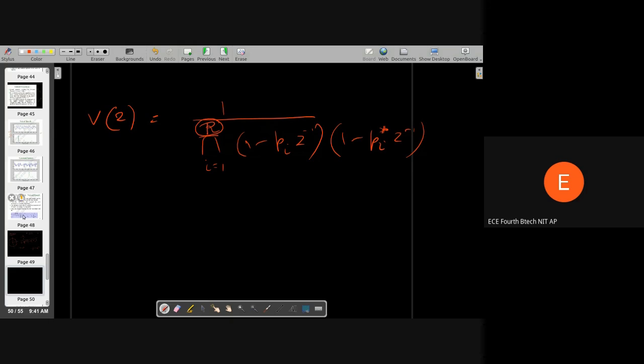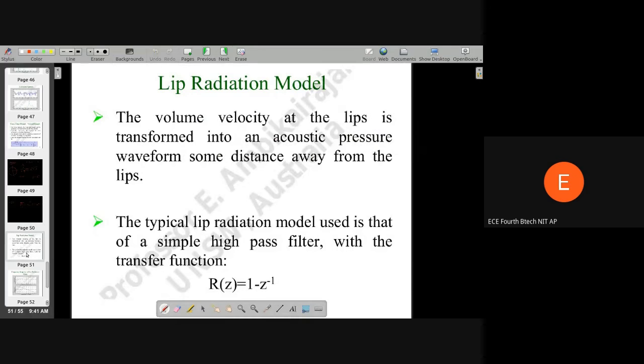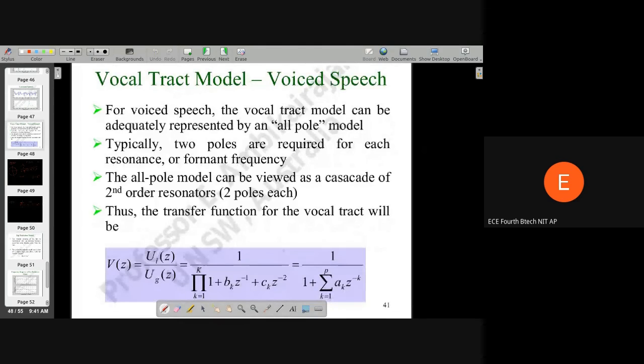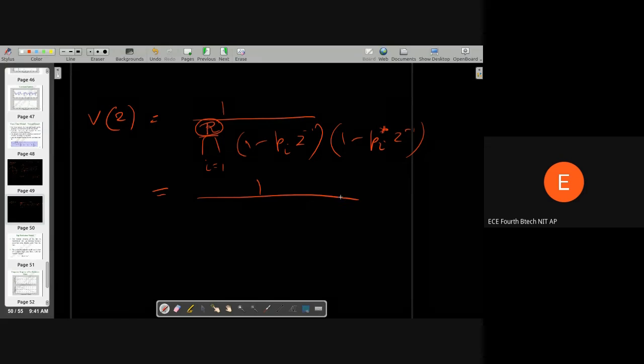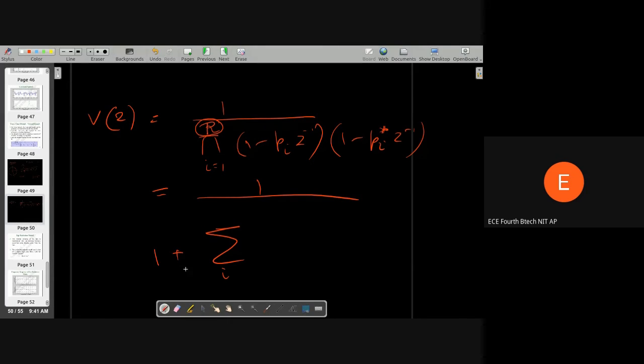Now let's go and check. Basically, you can simplify this equation and write it in summation form: 1 minus the sum for i equal to 1 to 2R.